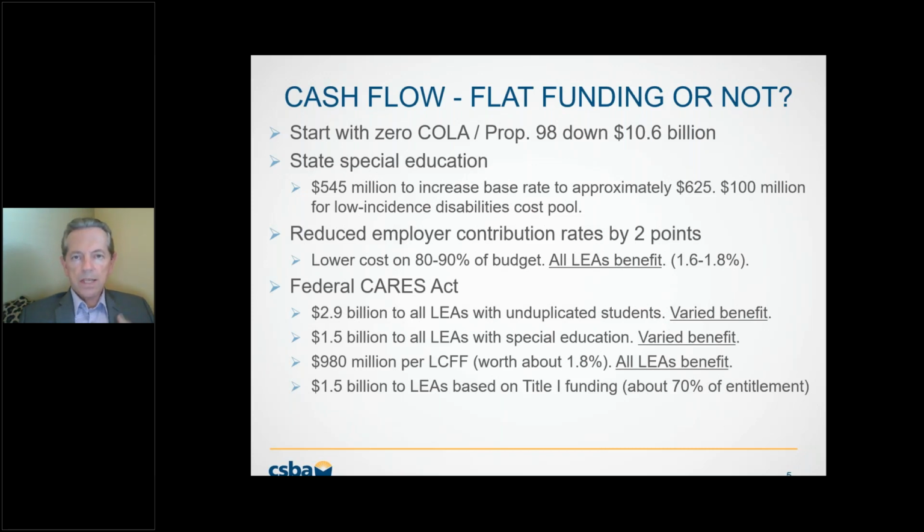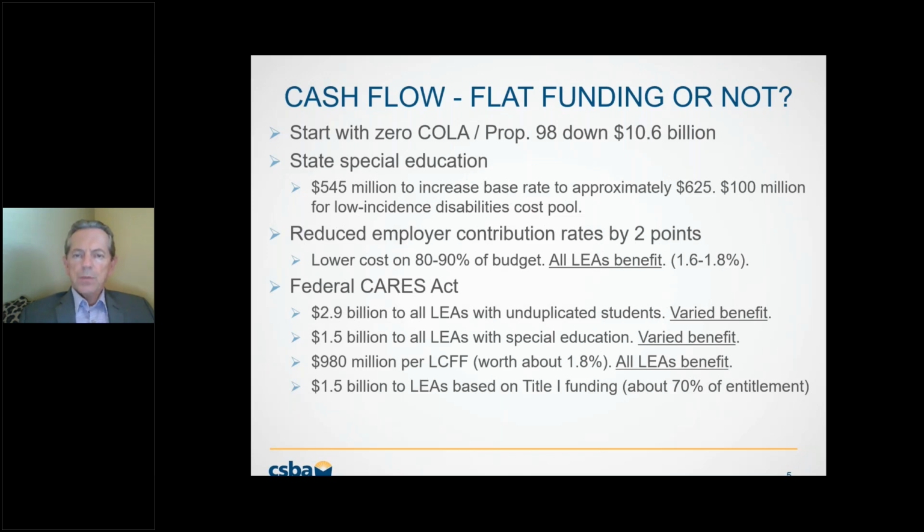Why this is important is that this isn't an increase to you. They're softening that increase and actually reducing the employer contribution rate, freeing up money that would normally be used to pay these rates. So it's like an increase in that it's freeing up cash and cash flow.